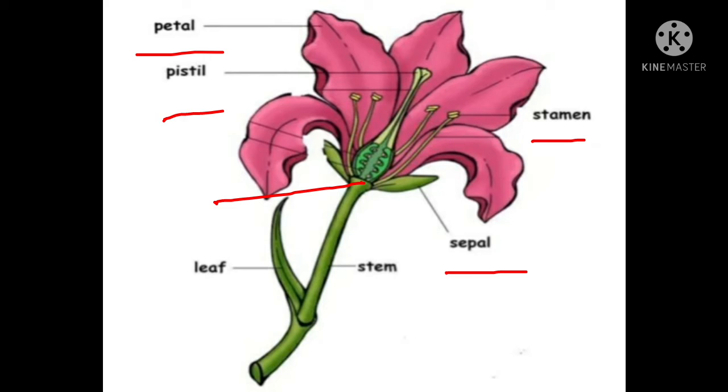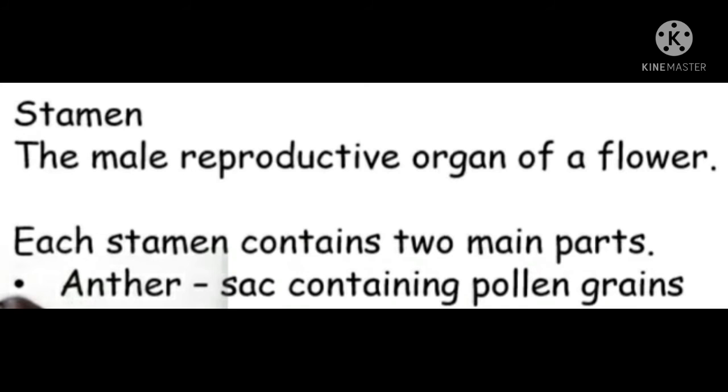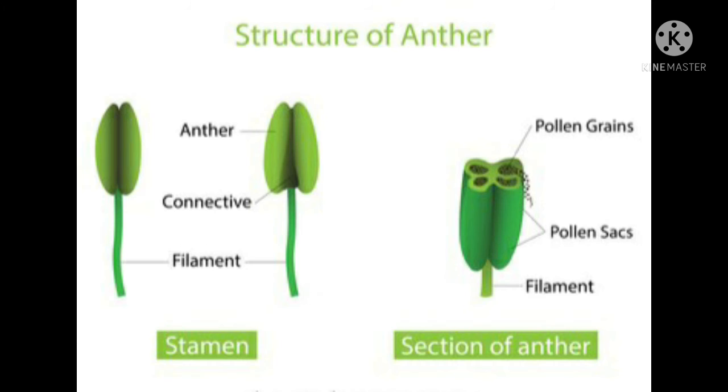The main parts of the flower are thalamus or pedicel, sepal, petal, stamen, and pistil. Stamen is the male reproductive organ of the flower. Each stamen contains two parts: the anther, a sac containing the pollen grains, and the filament, the stalk.